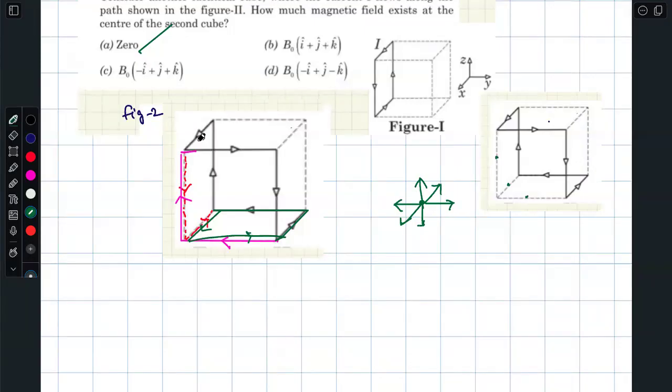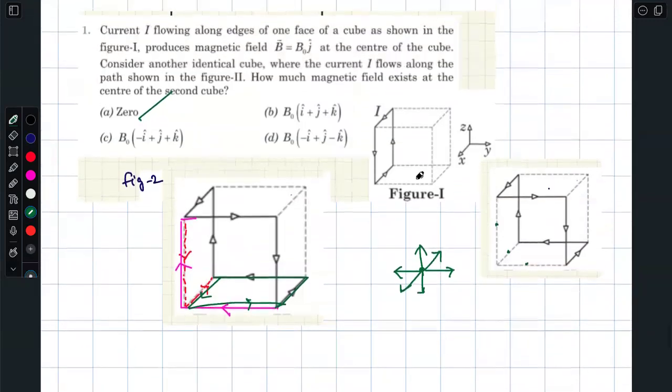Next. Yes, the center, body center, not the center of the square. Center of the cube. Any doubts?